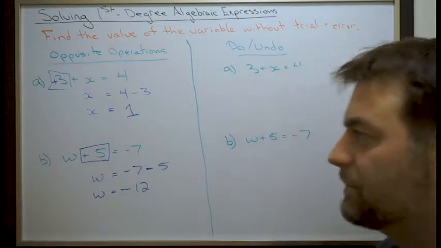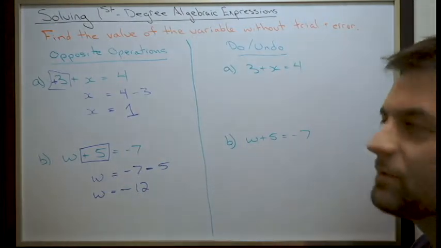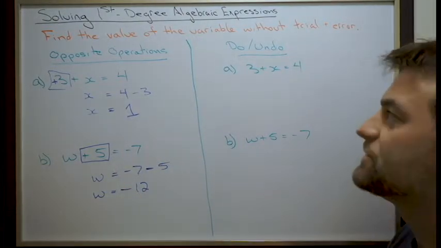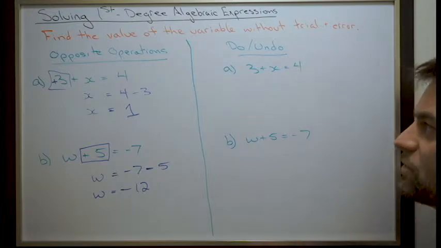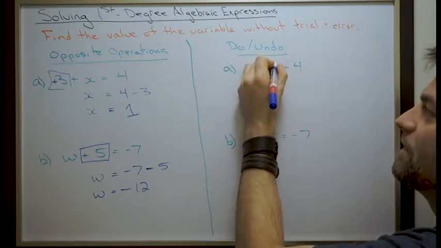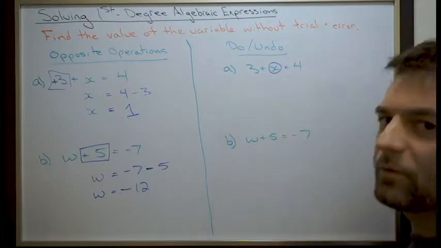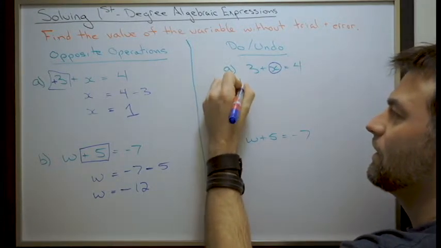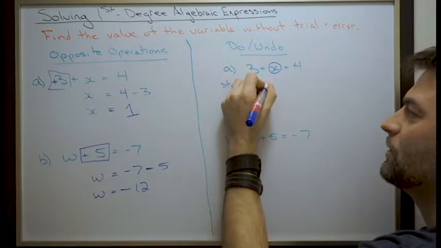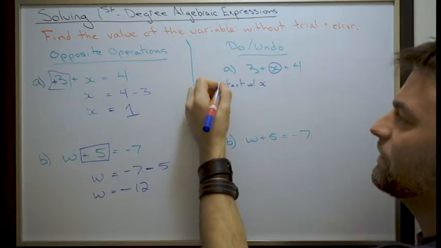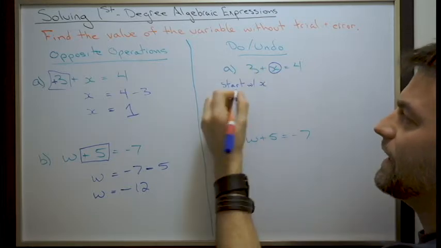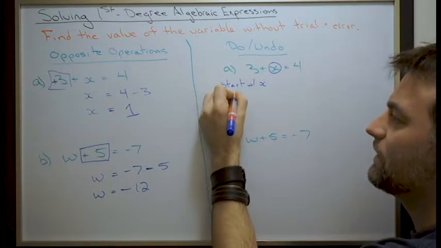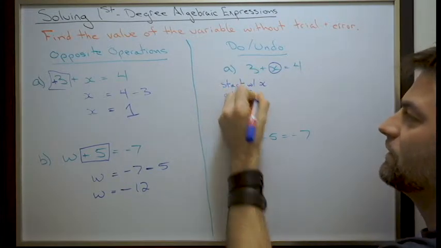And so with the opposite operations, you're selecting what operation you're doing and then moving it to the other side and doing the opposite. Now, very similar, but just a slightly different procedure is the do-undo method. And so what we do is we look at x. What's the thing we're doing to x? We start with x. Then we add 3.